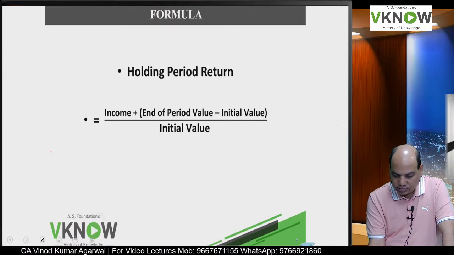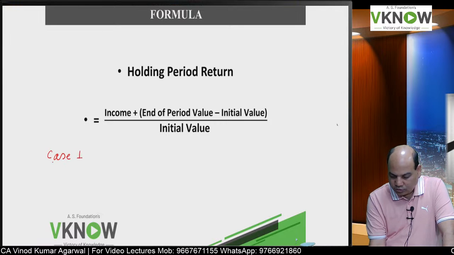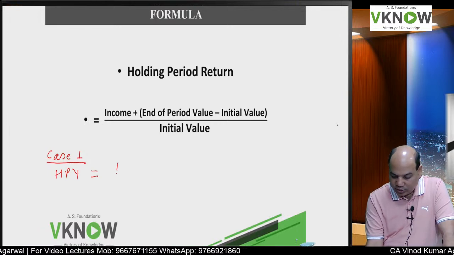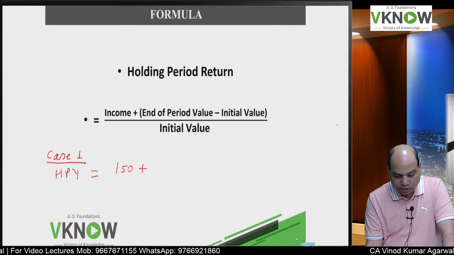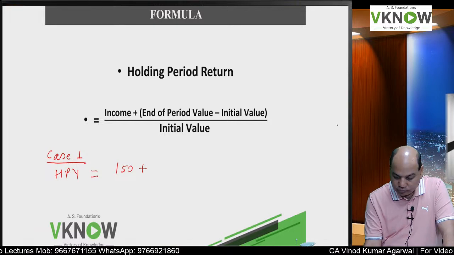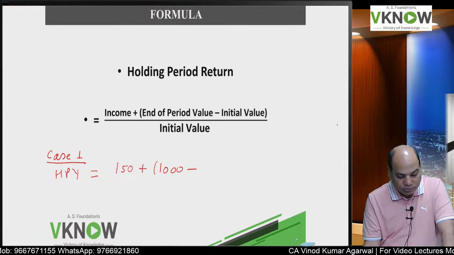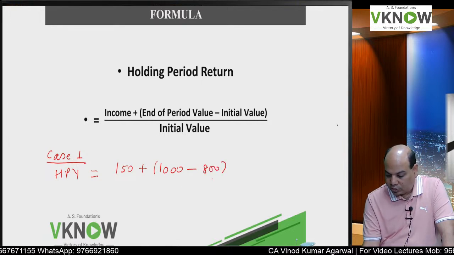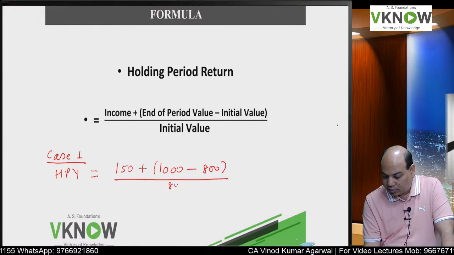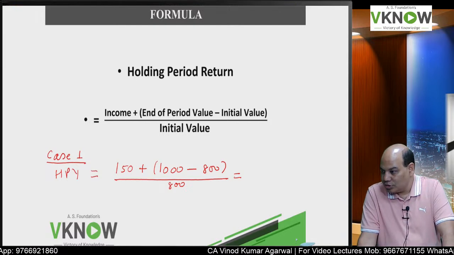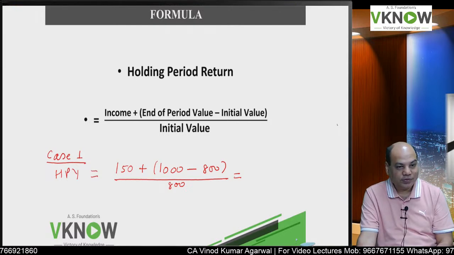So there are two cases. Case 1, holding period yield is equal to, what is your coupon payment here? 150. In case 1, what is the end of the period value? 1000. And what was the initial value? 800. Very good. Divide by 800. Students will give me the answer. Yes, Roshni, Soumya, Divya.